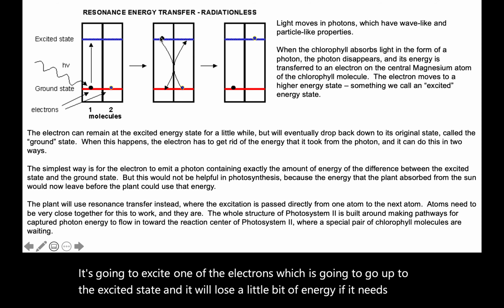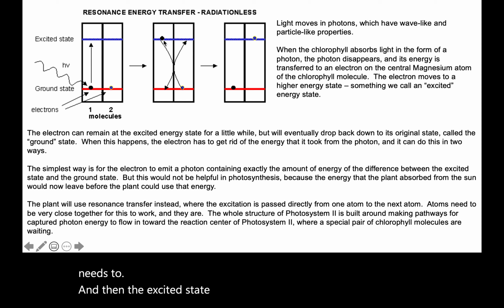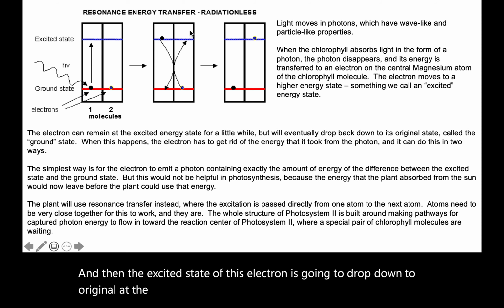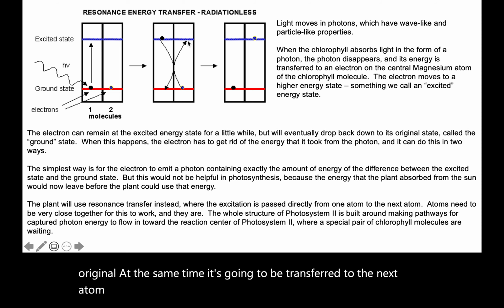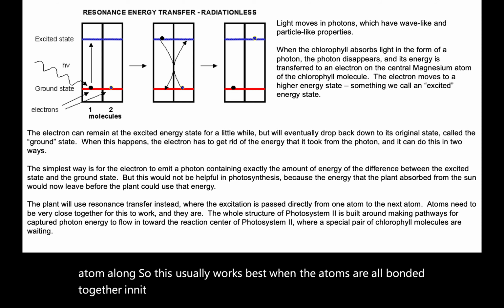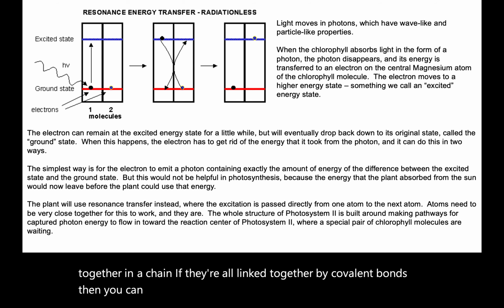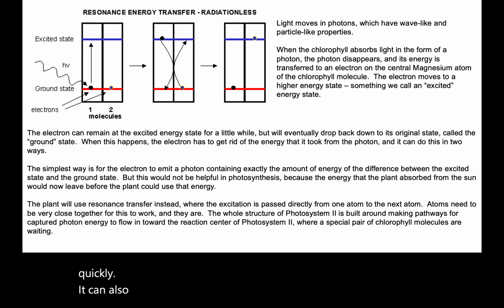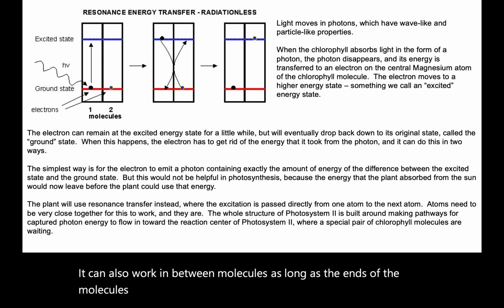And then the excited state of this electron is going to drop down to original. At the same time, it's going to be transferred to the next atom along. So this usually works best when the atoms are all bonded together in a chain. If they're all linked together by covalent bonds, then you can transfer by resonance energy transfer very quickly. It can also work in between molecules as long as the ends of the molecules are lined up just perfectly.